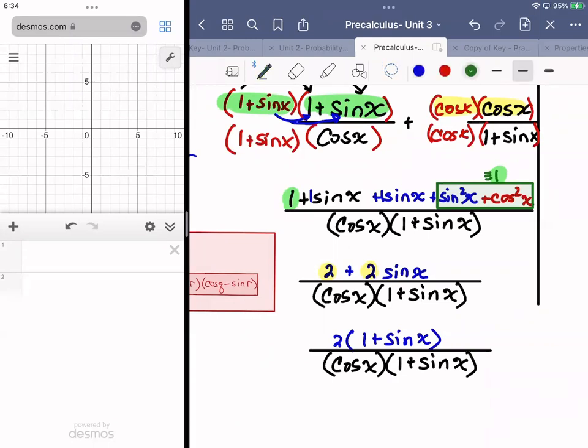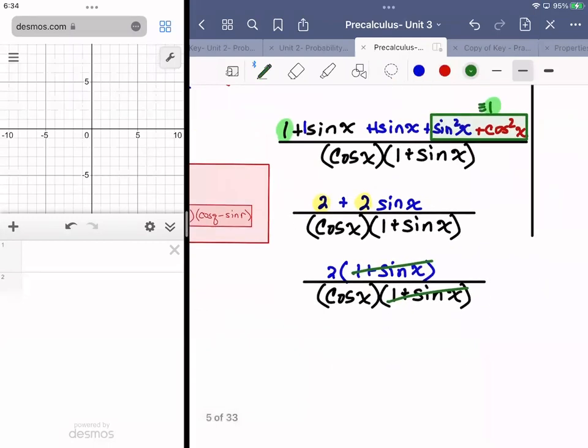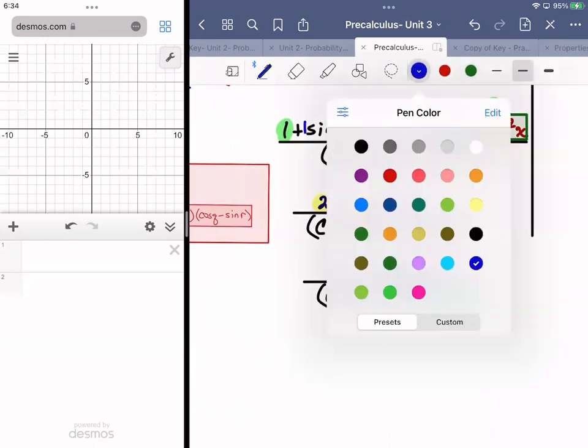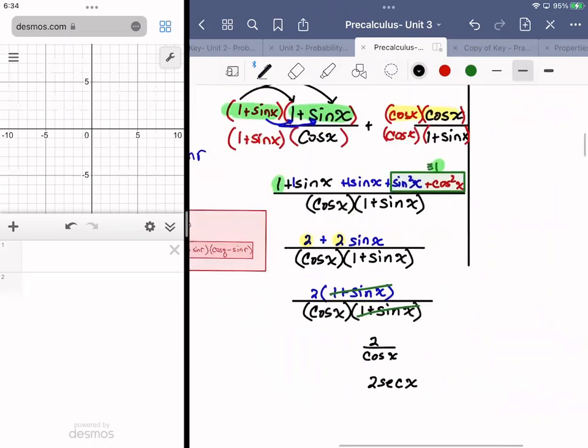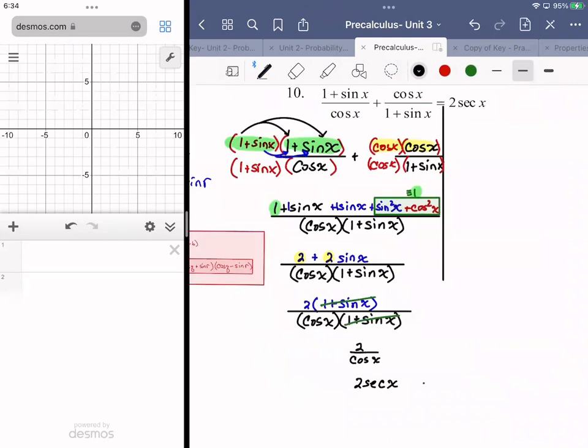Right, so we're in pretty good shape here because I have a 1 plus sine x that cancels away, leaving me with just 2 over cosine of x, which is the same as 2 times the secant of x, which happens to be what the other side was asking for.